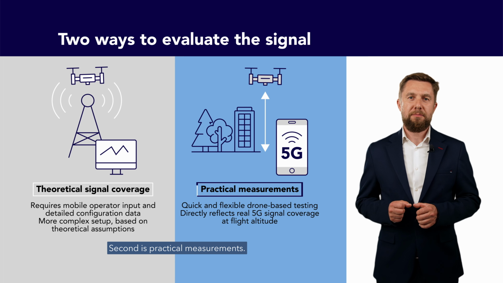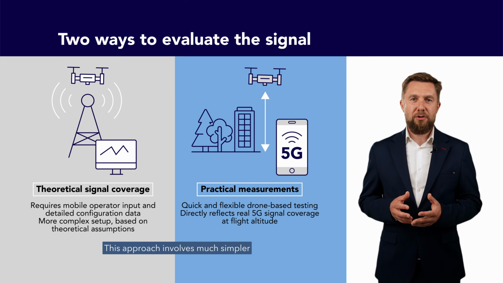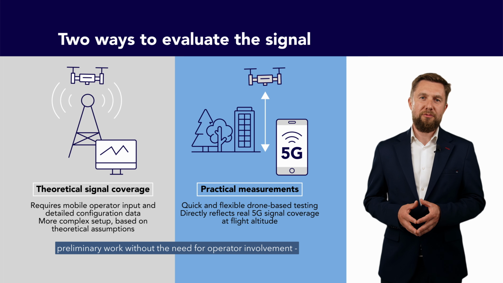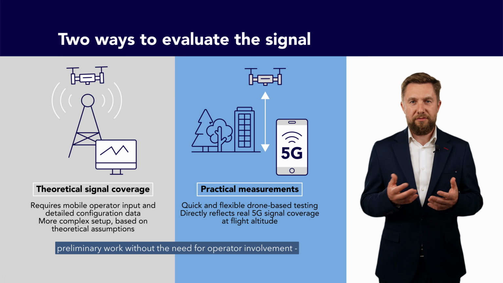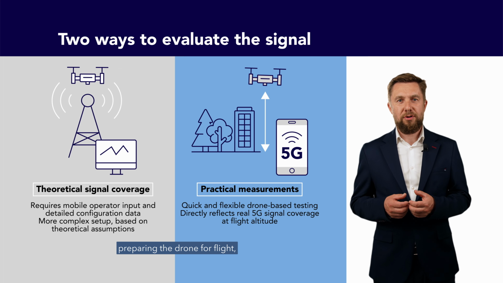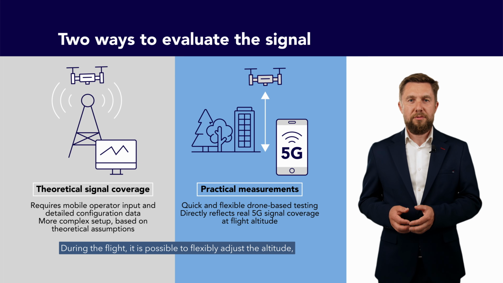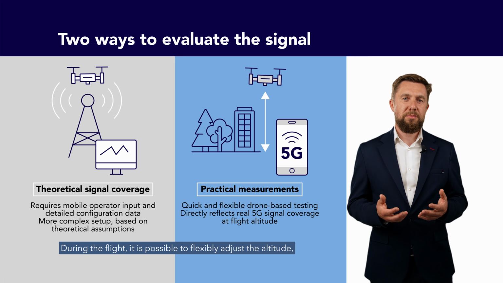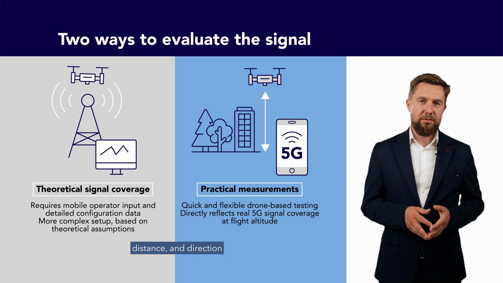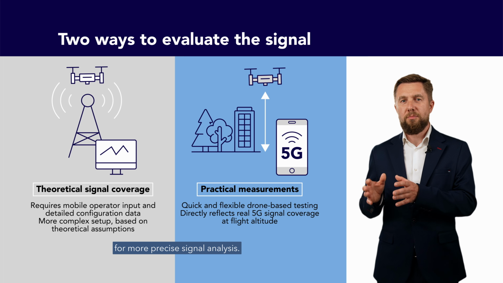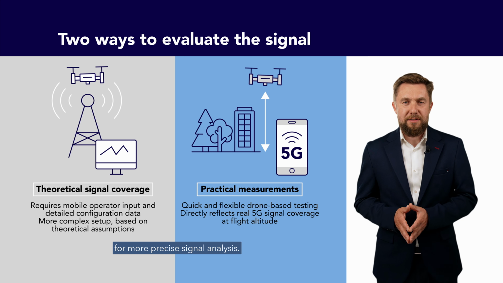And second, practical measurements. This approach involves much simpler preliminary work without the need for operator involvement: preparing the drone for flight and setting up the measurement equipment. During the flight, it is possible to flexibly adjust the altitude, distance, and direction for more precise signal analysis.